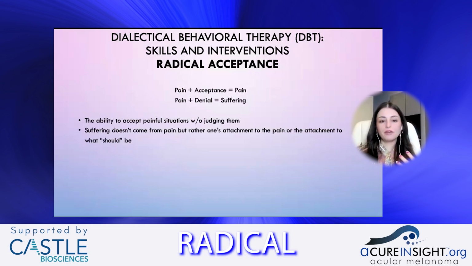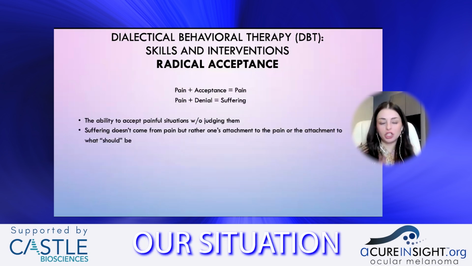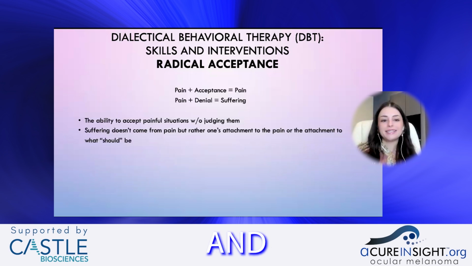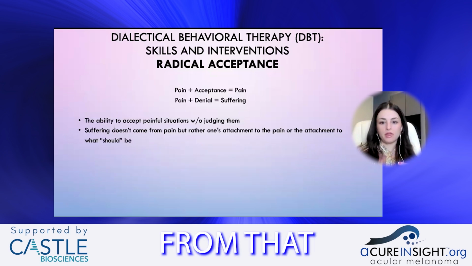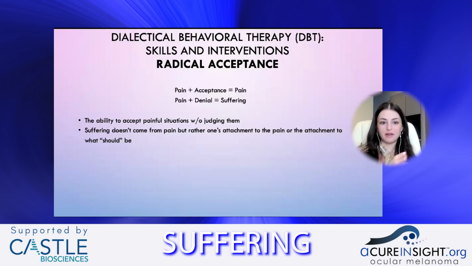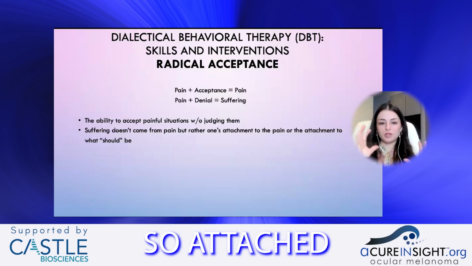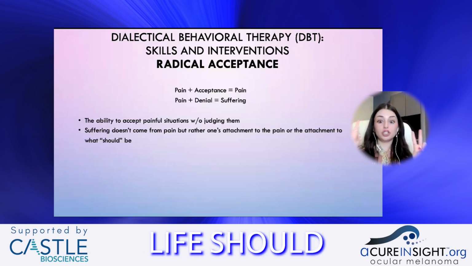And so radical acceptance is when we practice accepting our situation and really trying to move away from that line of thinking of what should be. The idea here is that suffering doesn't come from the pain itself. Suffering happens when we become so attached to what we feel life should look like.